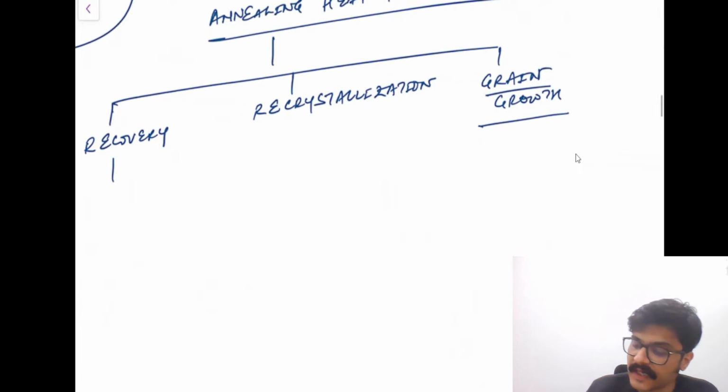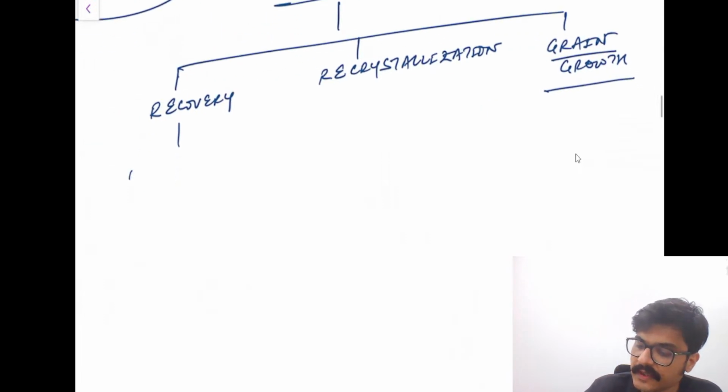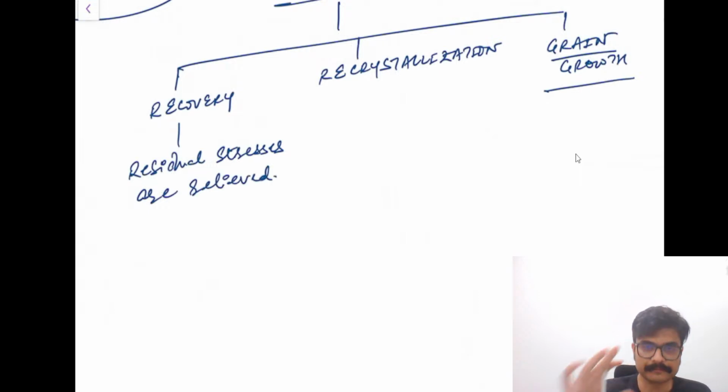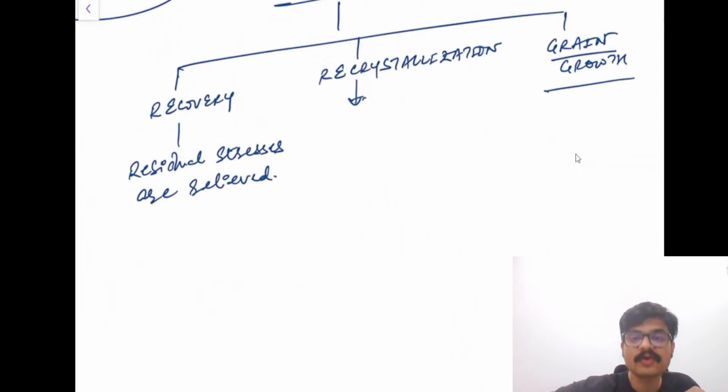Right, guys? Recovery is the stage where the residual stresses are relieved. That's one. Recrystallization is the actual stage where the opposite of what has happened when I've converted into a wrought alloy, when I've deformed it, actually starts to happen.